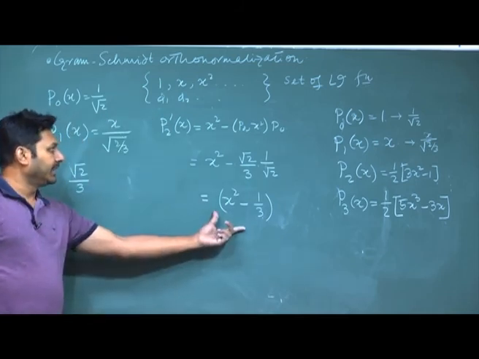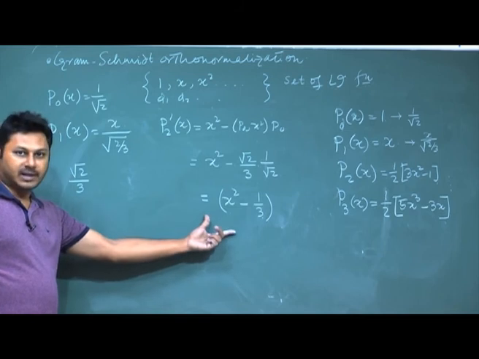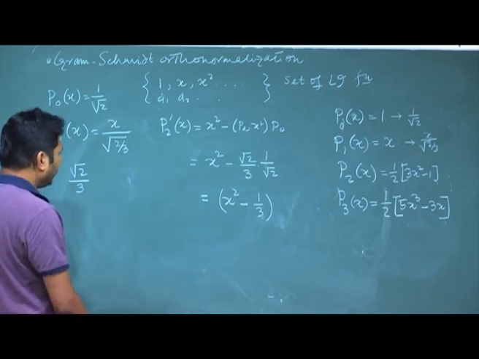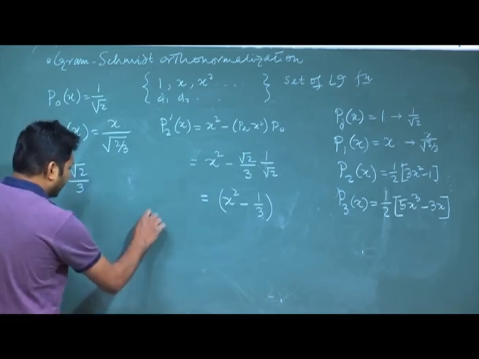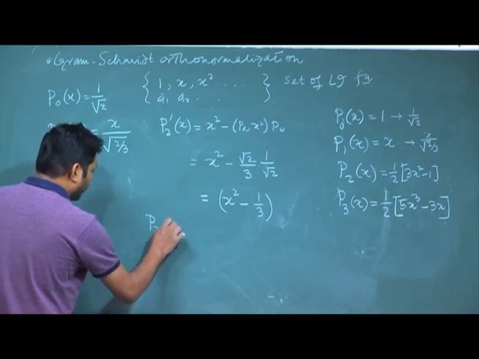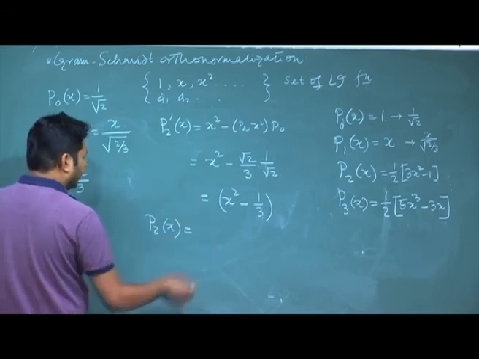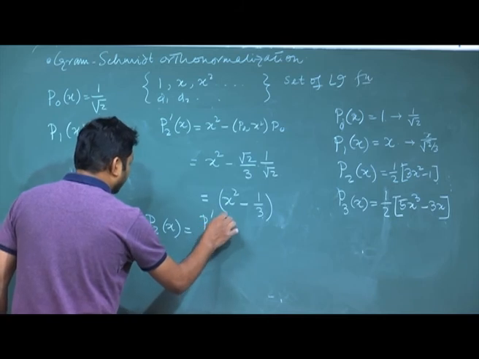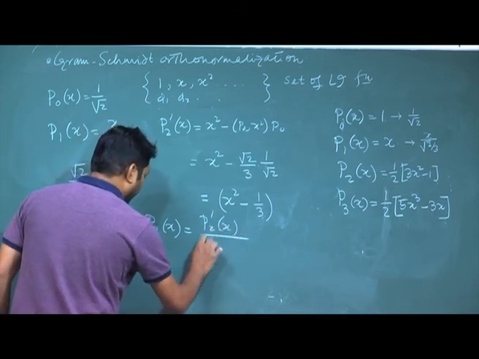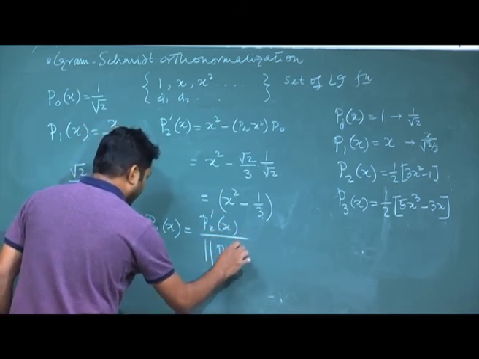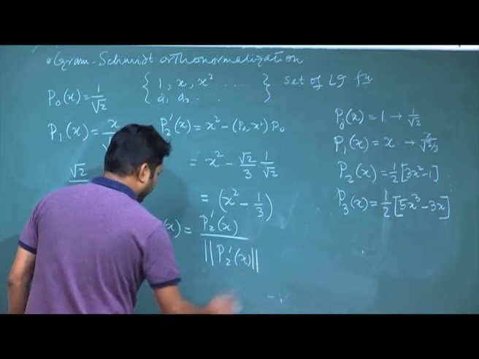Now, I need to normalize this quantity. Then my P2 of x will be simply P2 prime of x divided by the norm of P2 prime of x.